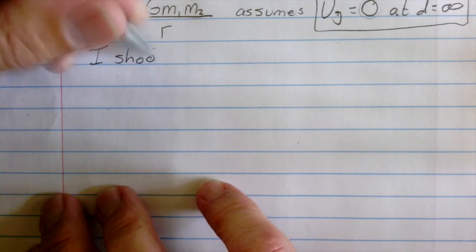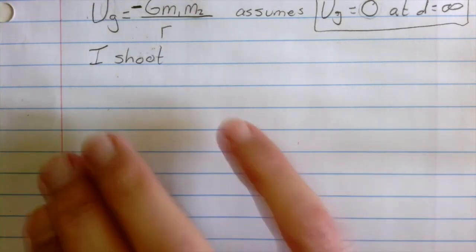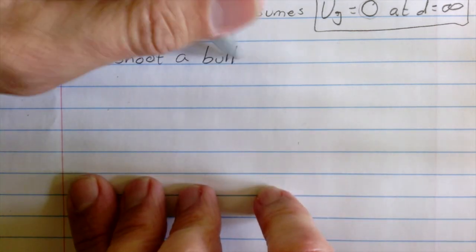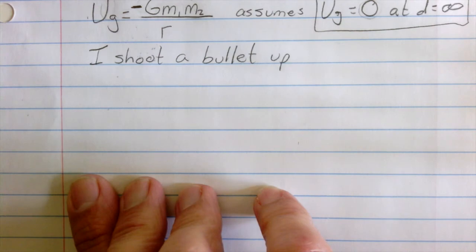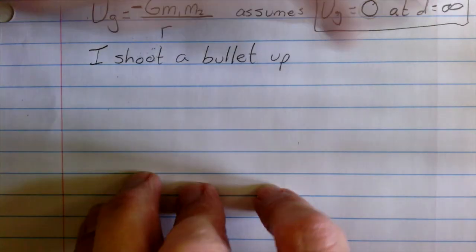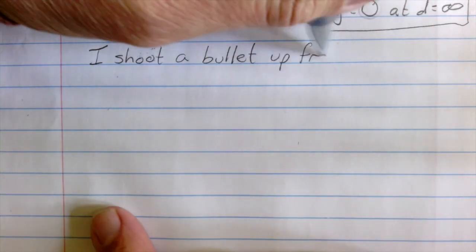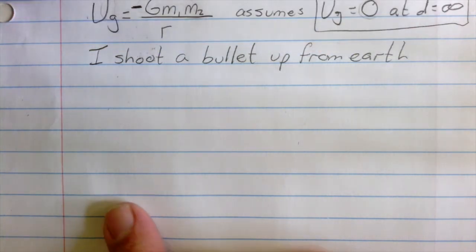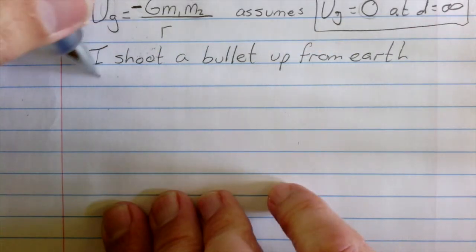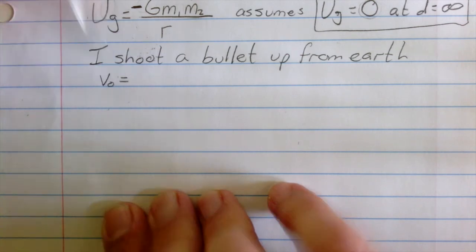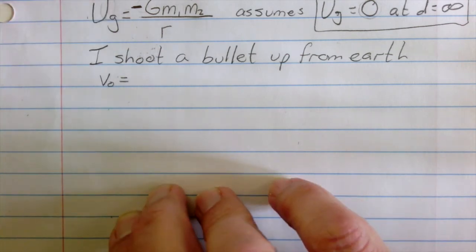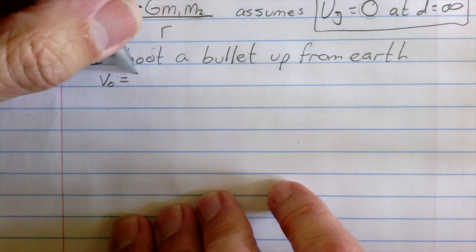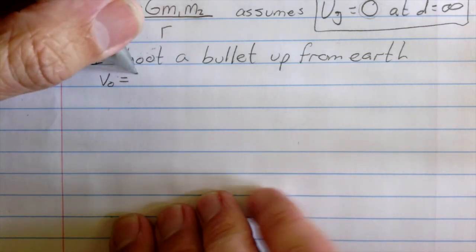I'm going to say I shoot a bullet up. It's a magically big bullet and there's no air resistance from Earth's surface. And velocity initial is going to be, I don't know, I'm going to make it 10,000 meters per second.